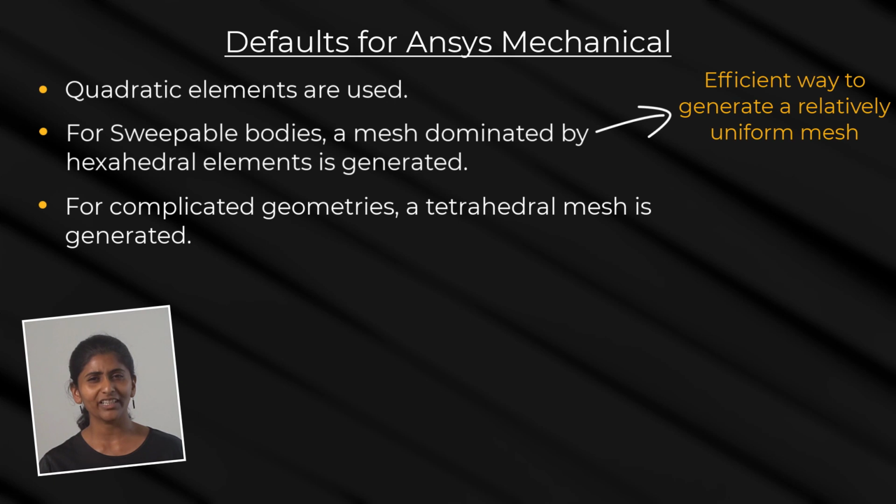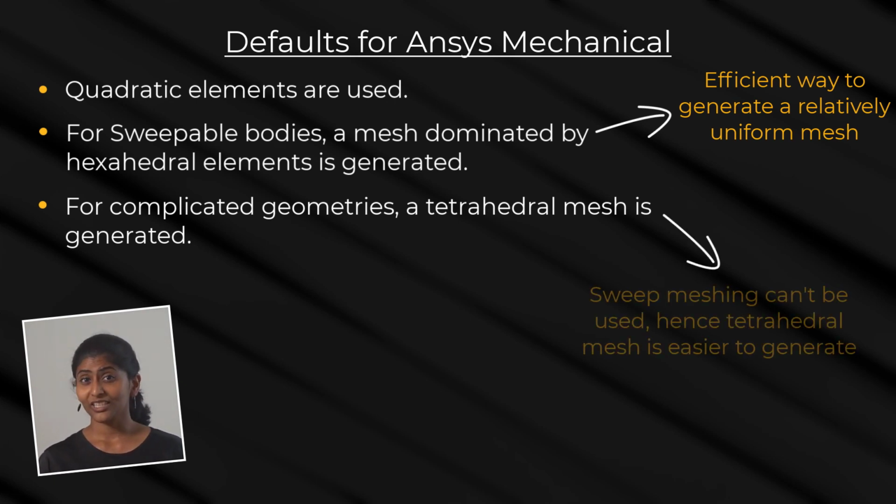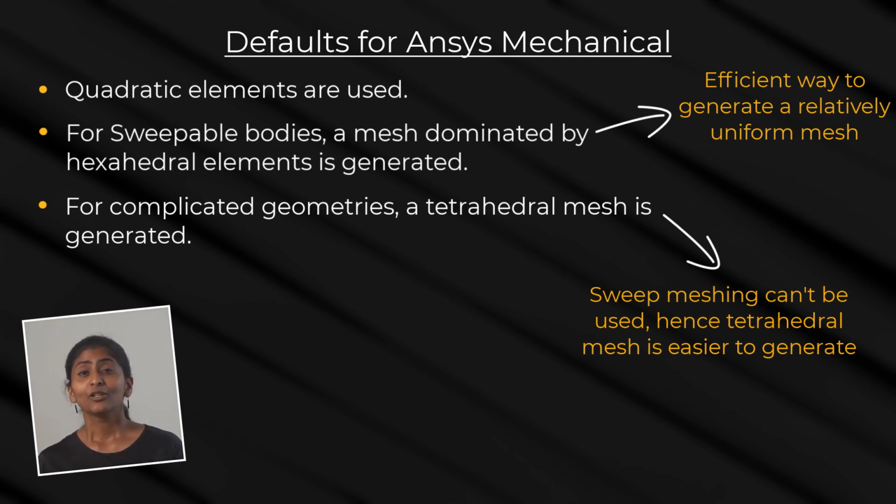This is not always necessary, but an attractive feature of sweep meshing. However, if the geometry is very complicated, sweep meshing cannot be used to generate a hexahedral mesh. In such cases, quadratic tetrahedral elements can mesh the body with relative ease without requiring the geometry to be subdivided.